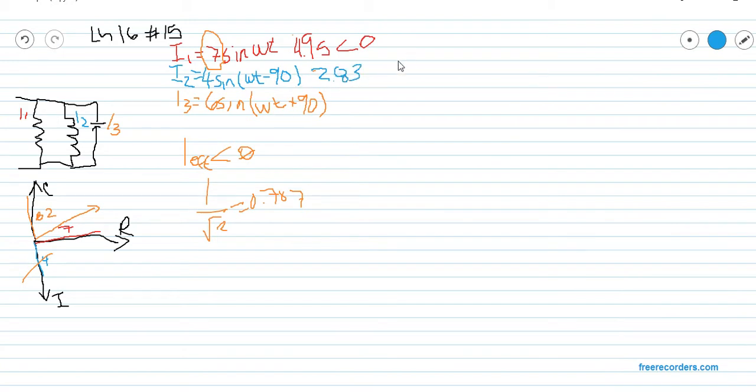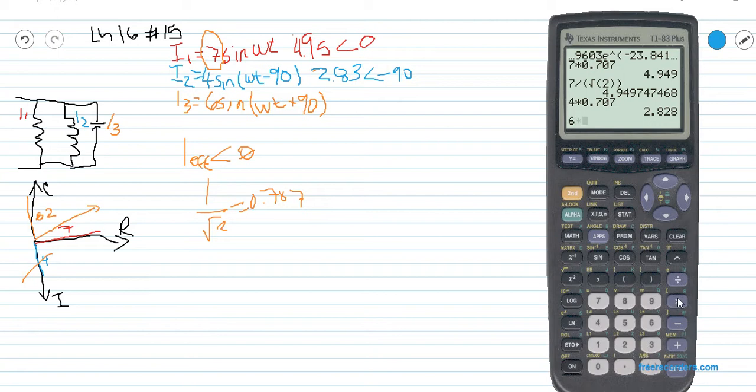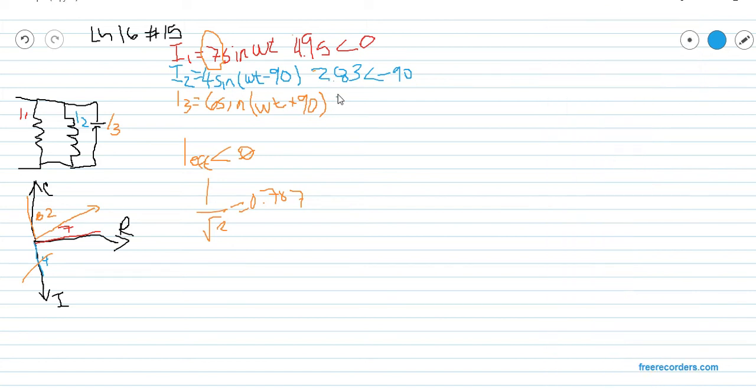This angle is minus 90. The last one, 6 sine omega t plus 90. 6 times 0.707, 4.24, and that angle is at 90 degrees.